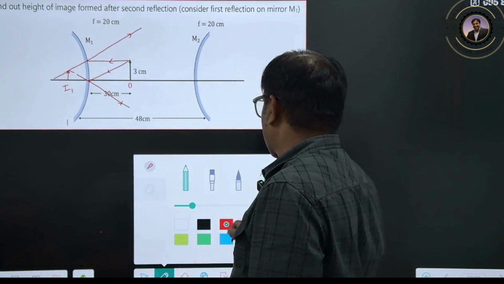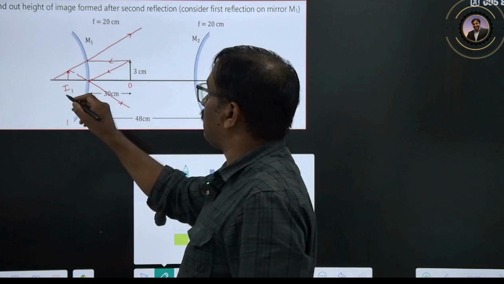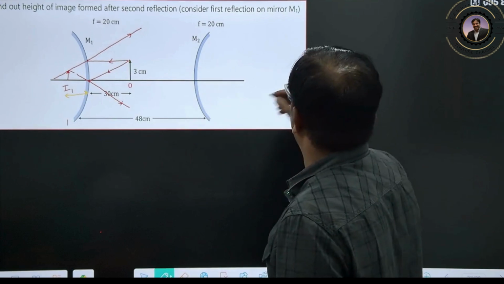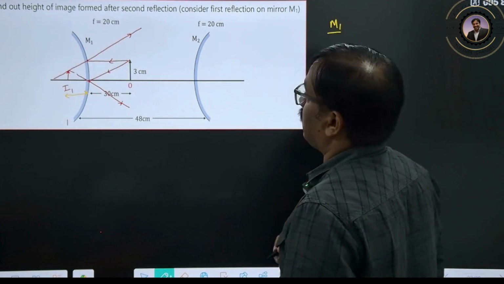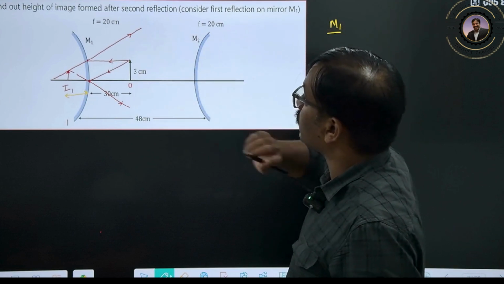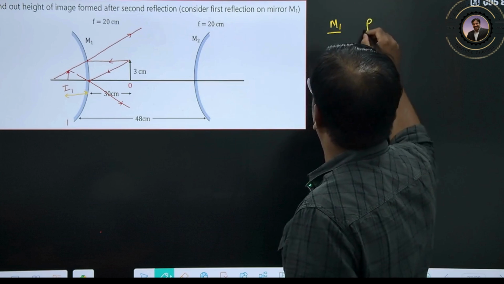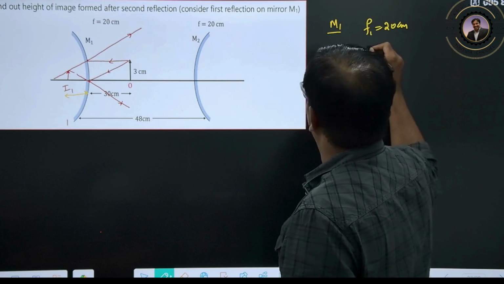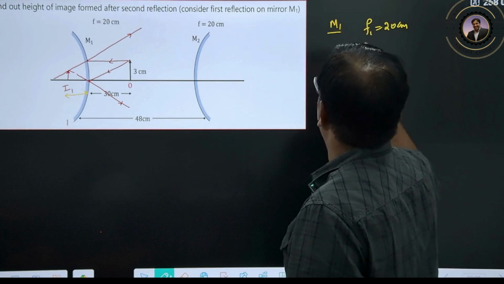First of all, let us calculate the image distance. For the first mirror, mirror 1, let us see what the focal length is. Focal length of the first mirror is 20 centimeter. Therefore, the height of the image we have to calculate.